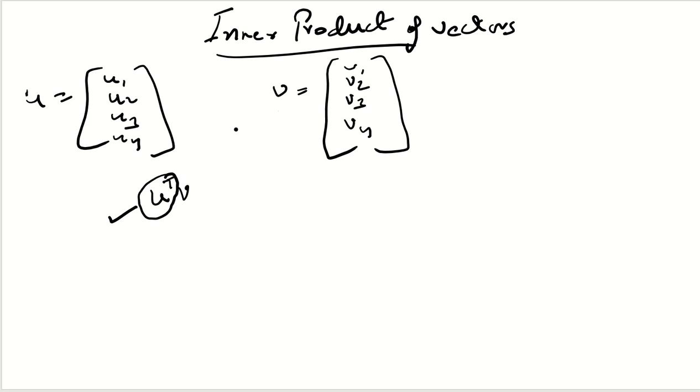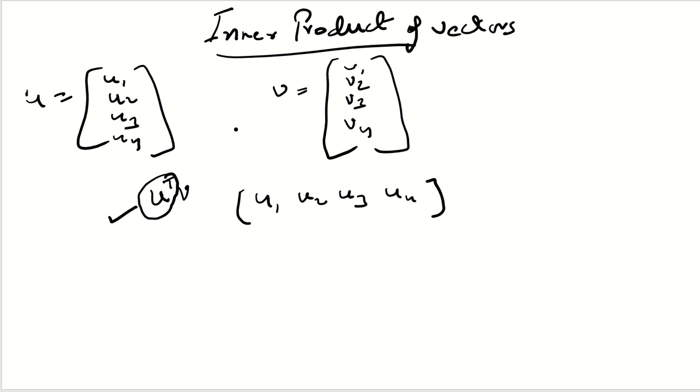So as of now, you can just know that we have to use this notation u^T v. So we have to transpose u. When we transpose u, we'll write it like this: u1, u2, u3 and u4. It will become like this.